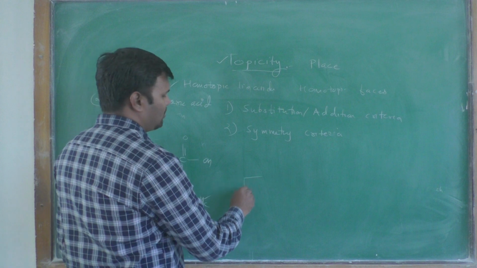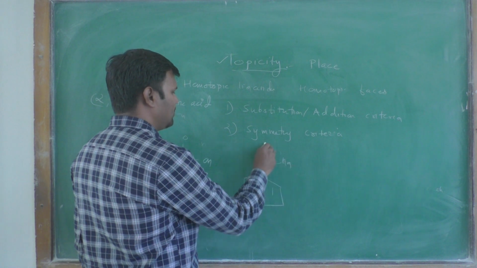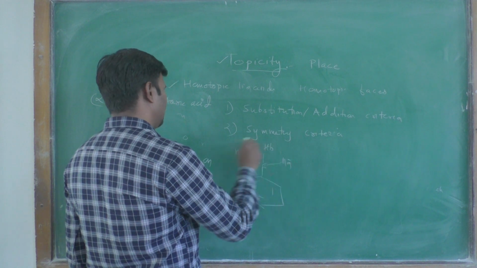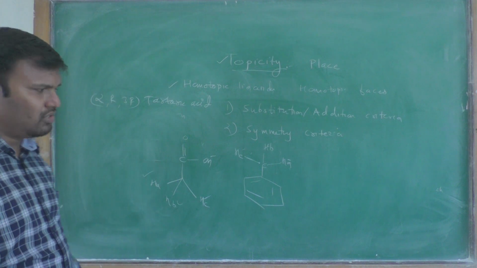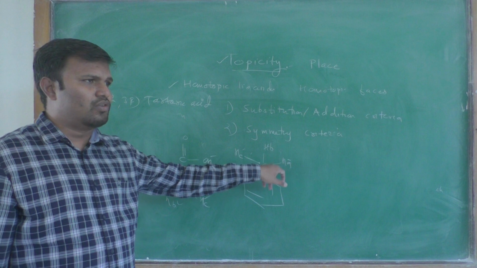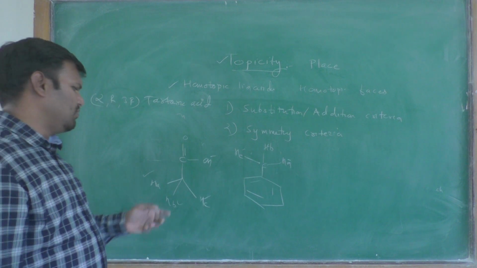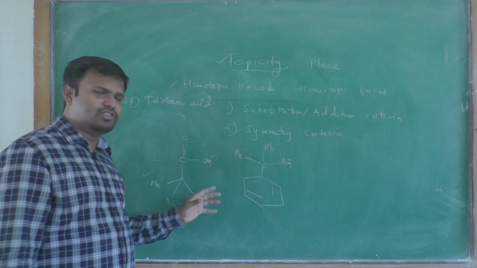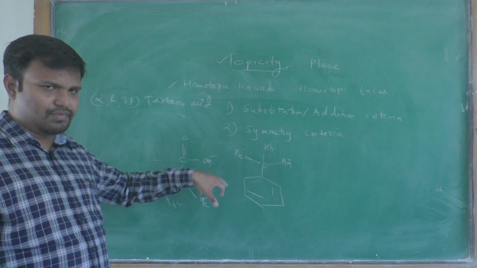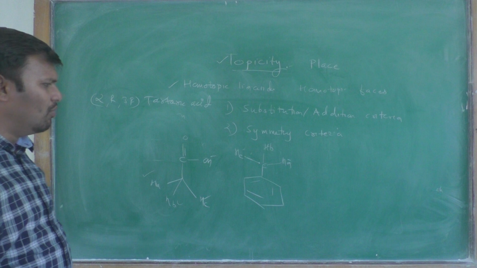Or consider toluene with HA, HB and HC. These three hydrogens are homotopic hydrogens. After replacing one of them with chlorine or deuterium, you will obtain the same compound. Therefore these groups are homotopic ligands.